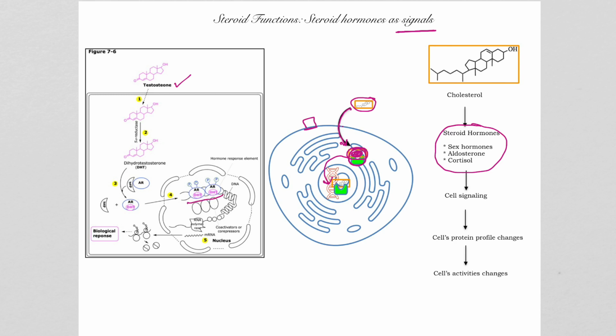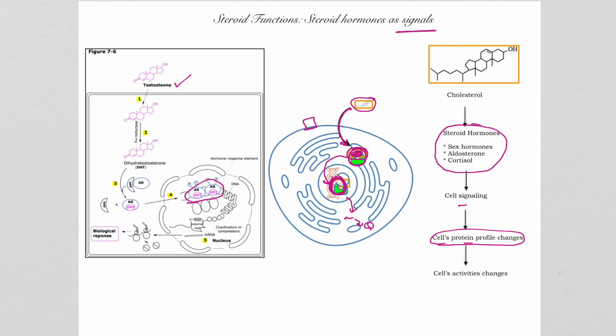The whole thing goes into the nucleus, and the steroid receptor complex attaches to the DNA and affects how fast the gene is copied into RNA and eventually into proteins. So basically that cell signaling will change the protein profile of the cell.